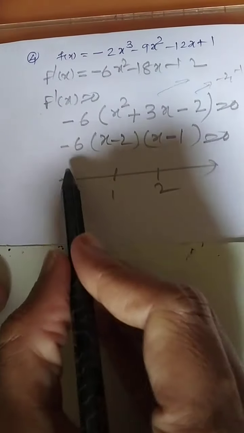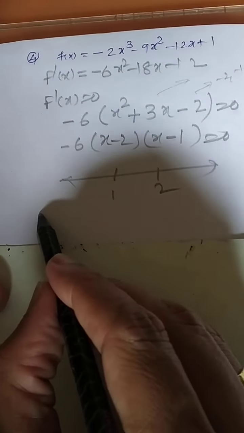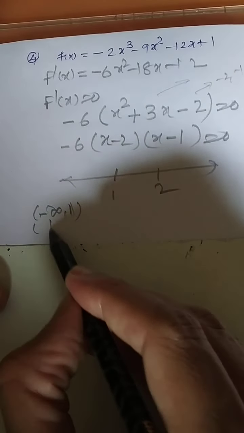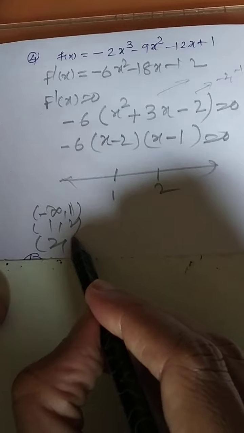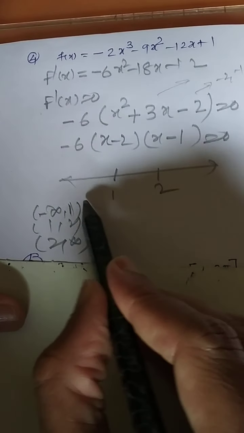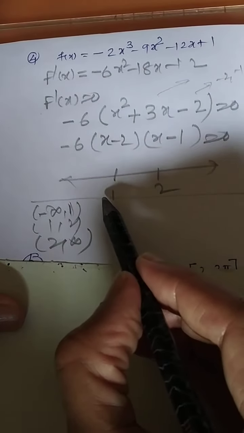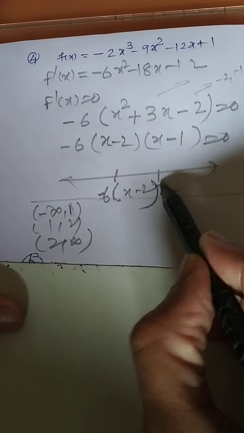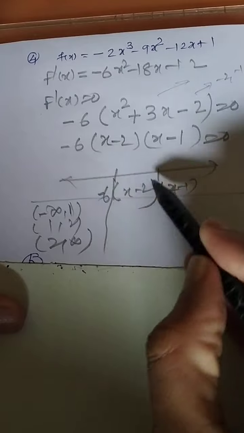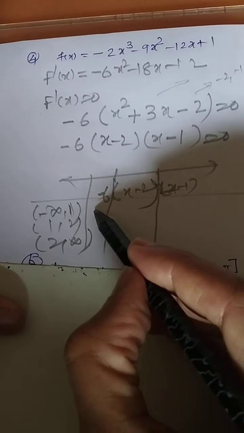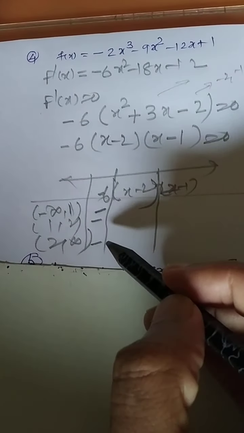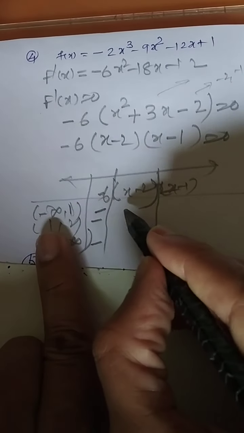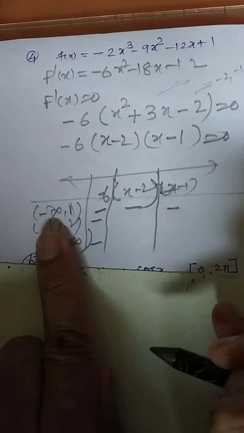Now it is a combination of 3 things in f dash of x. So minus infinity to 1, then 1 to 2, and 2 to infinity. Here you are supposed to check minus 6, then x minus 2, then x minus 1. So I should make 3 columns. This is negative, which means all the way it is negative. In the previous question it was positive, all the way positive. So for minus infinity to 1, I am putting 0: negative, negative.